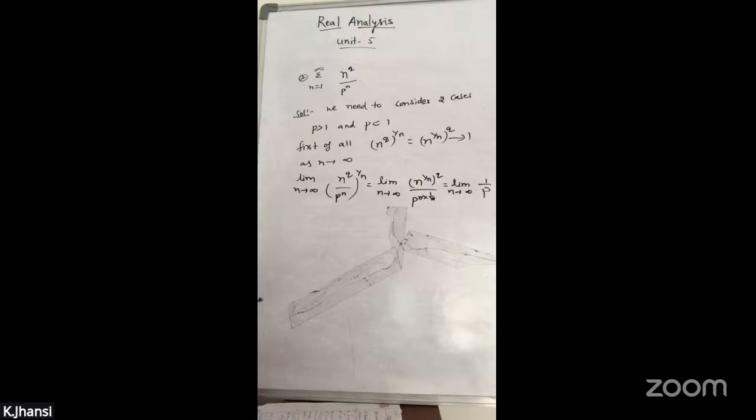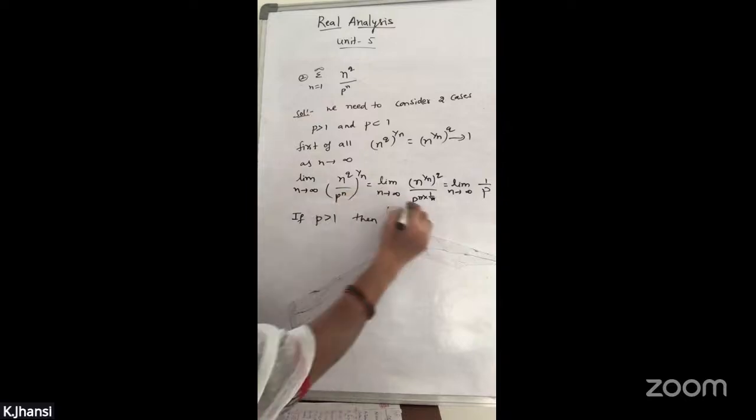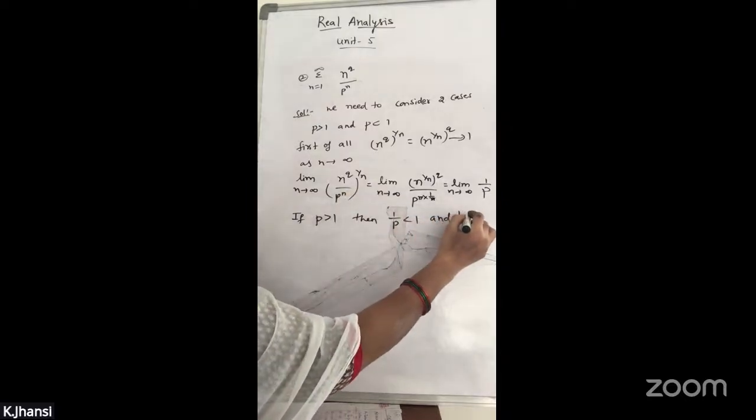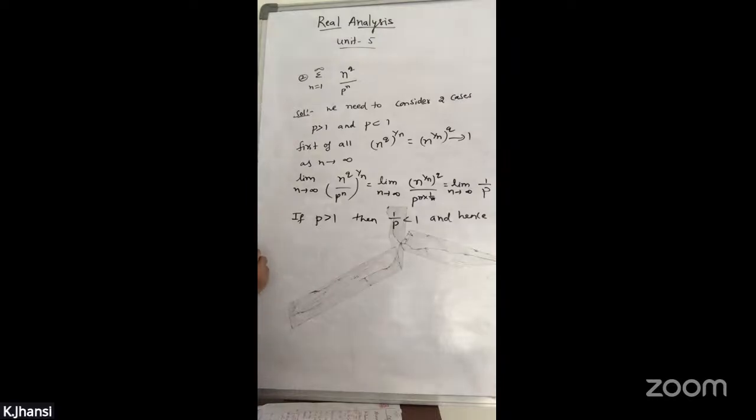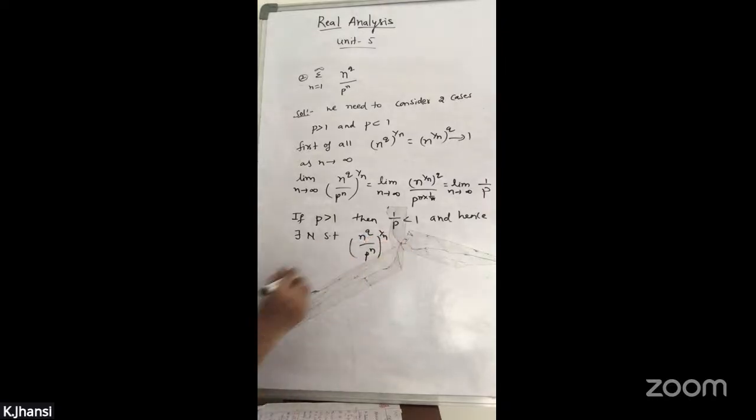So the first case is if p is greater than 1. Then 1 by p will be less than 1, and hence there exists capital N such that n to the power of q by p to the power of n, whole to the power of 1 by n, value will be less than 1.